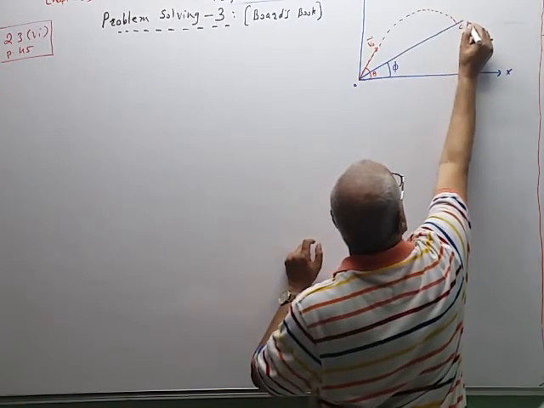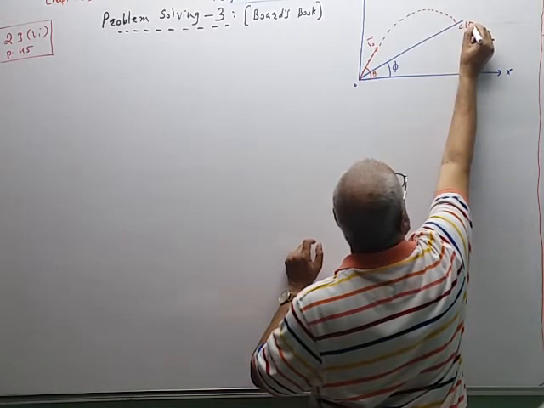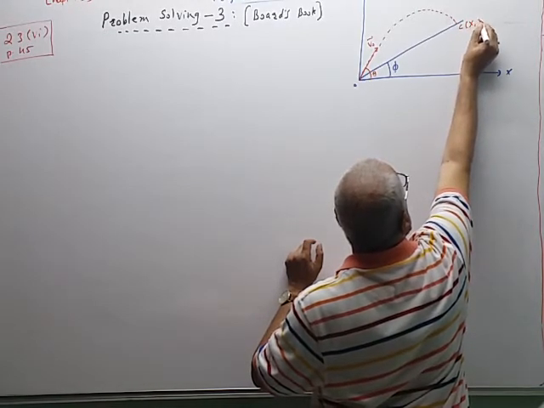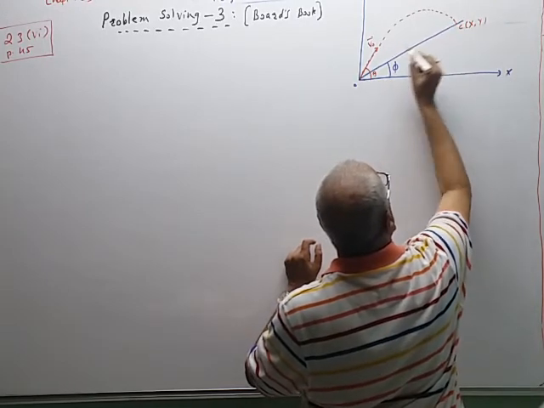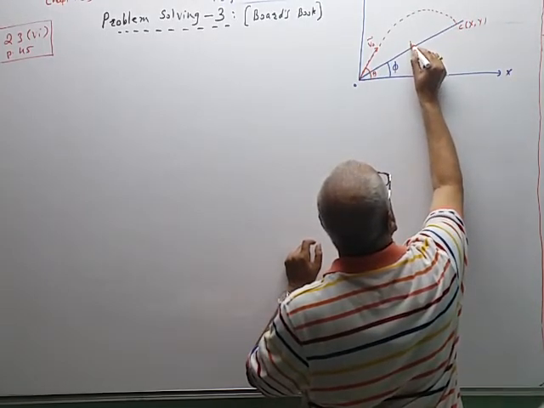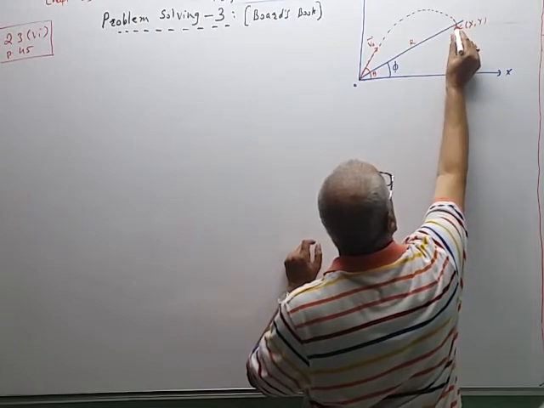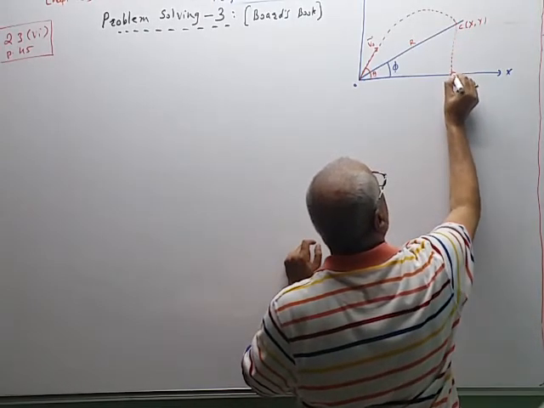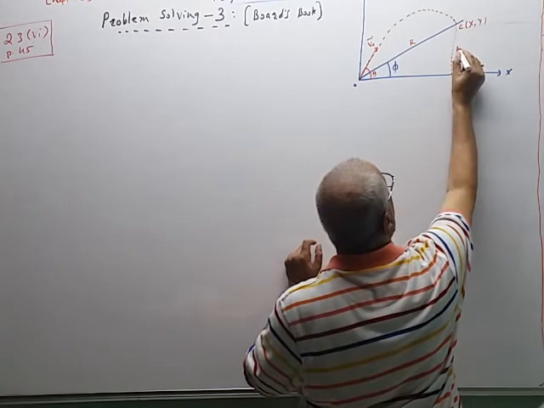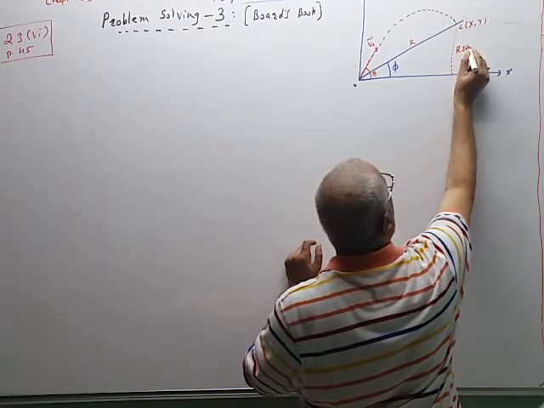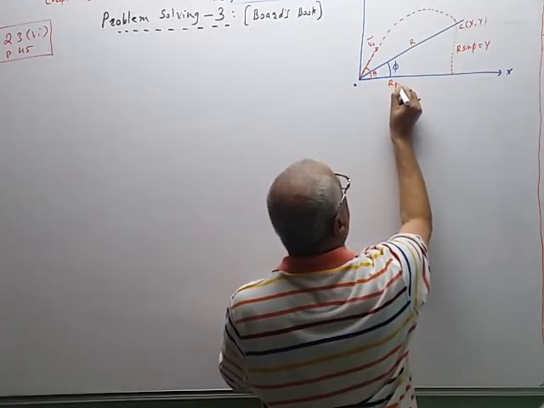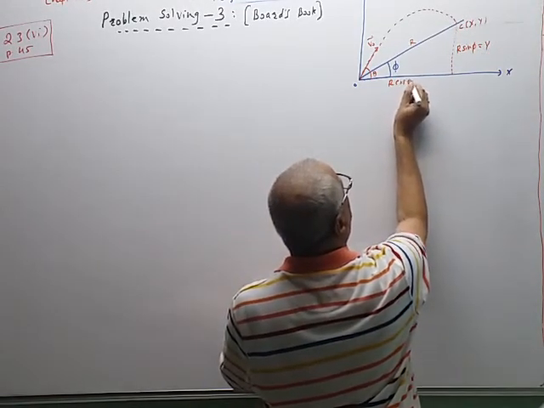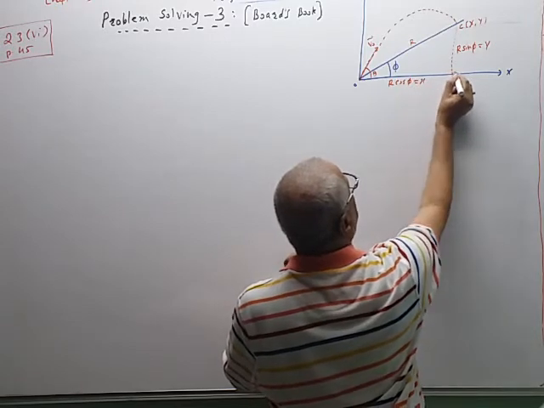This point C has the coordinates x and y. If we draw this, this is the range R. If you draw a perpendicular, then this is R sin phi, the y coordinate, and this is R cos phi, the x coordinate.